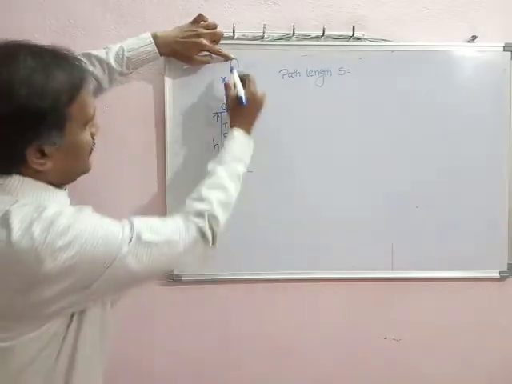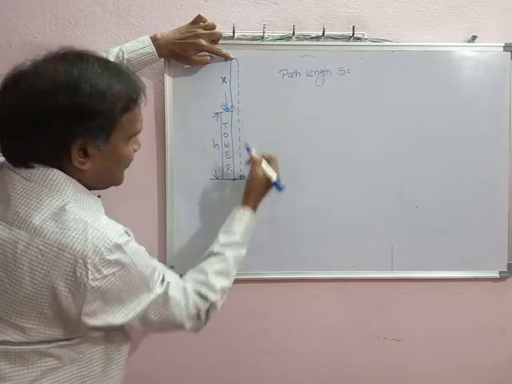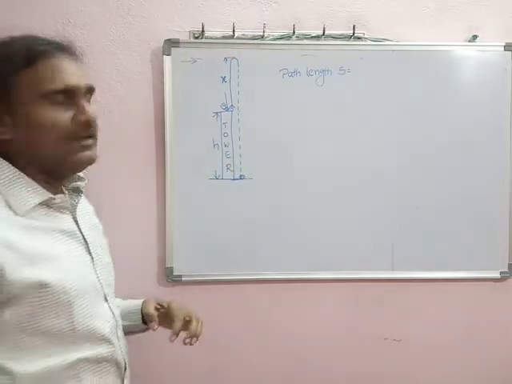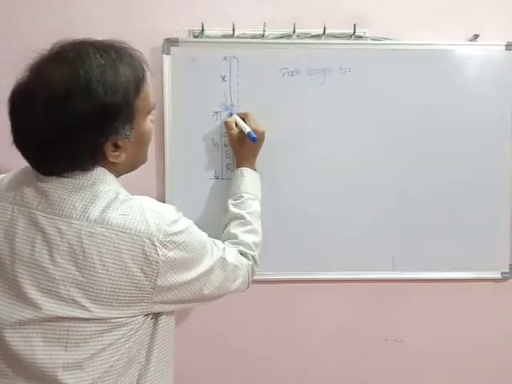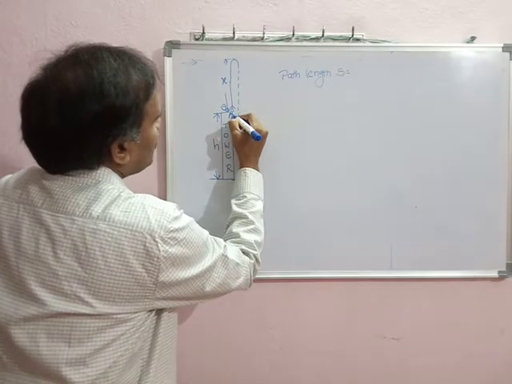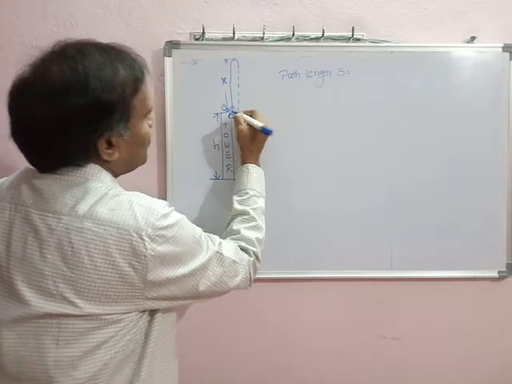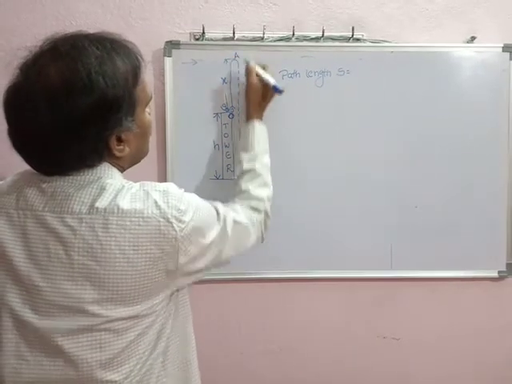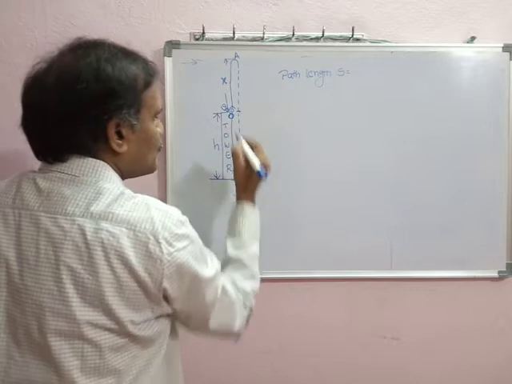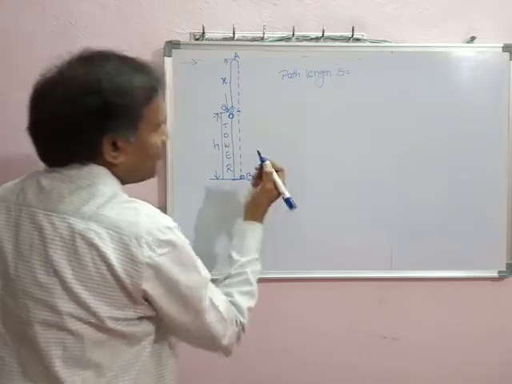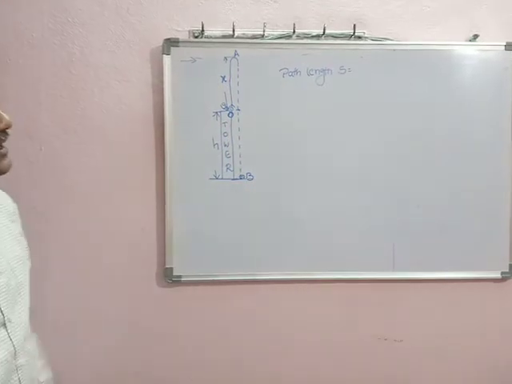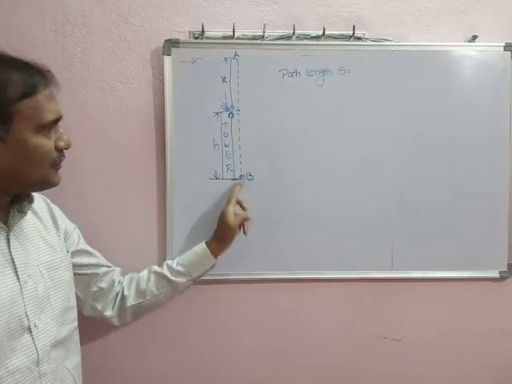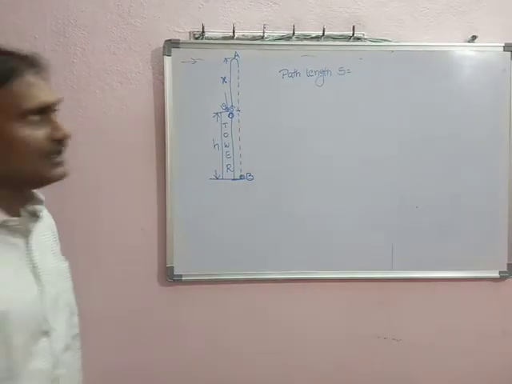This plus this plus this. You will label them as A or O, because it is the initial position. It is A and again it is O. It finally reaches the point B.